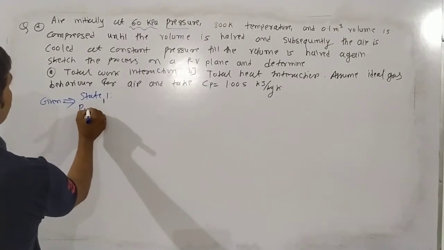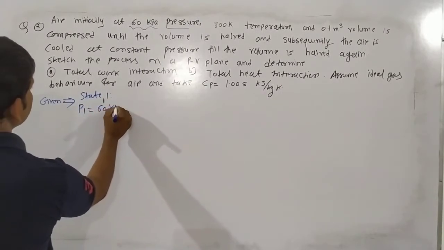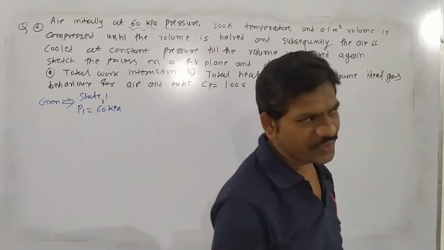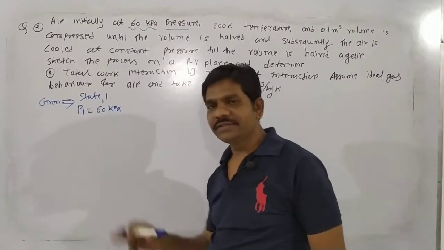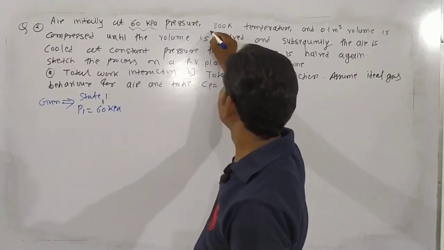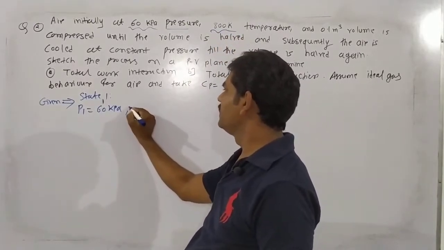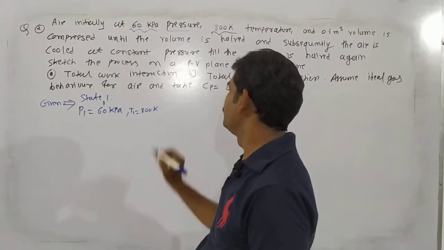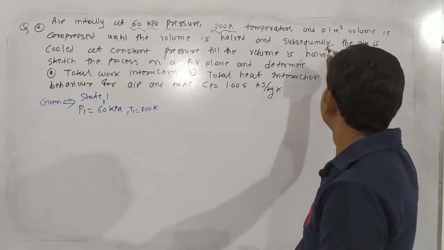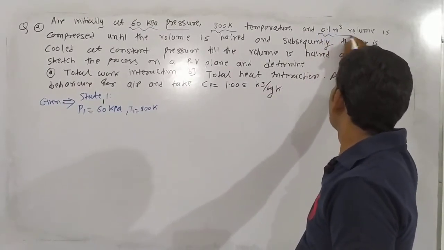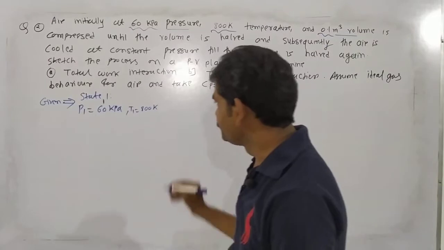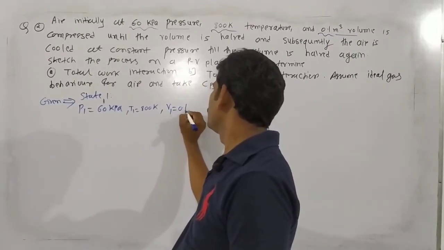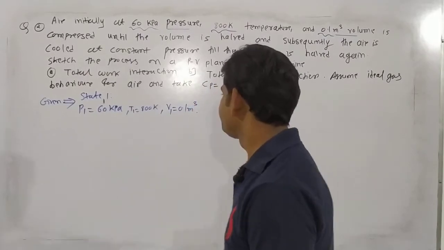Initially the pressure P1 is 60 kilopascals, and the temperature T1 is 800 kelvin. Along with that, the volume V1 is also given. It is 0.1 meter cube.